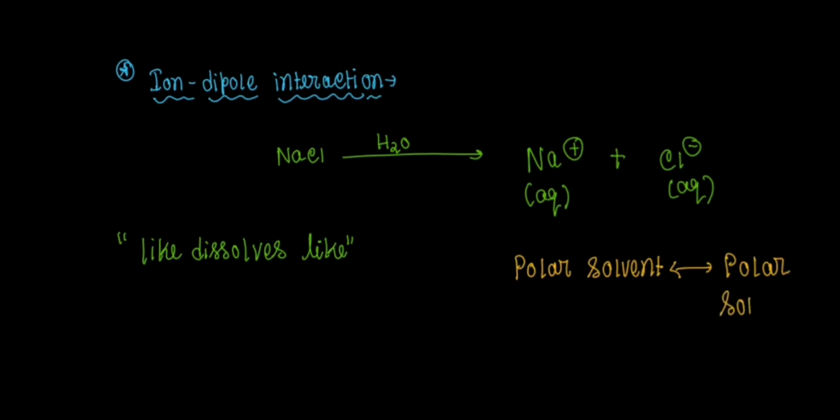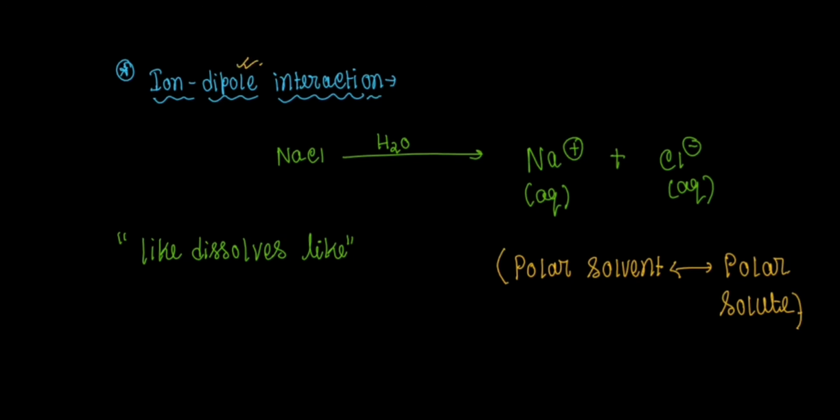Similarly, non-polar solvents can dissolve non-polar solute. As simple as that. Now, how is it happening? The main reason behind polar solvent dissolving polar solute is this ion-dipole interaction. So let's look into it.